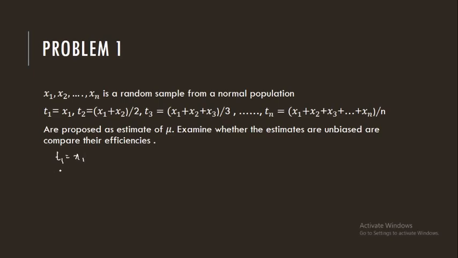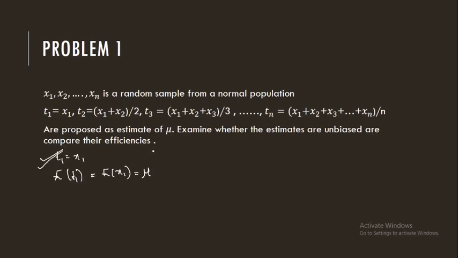To check unbiasedness, we take the expectation of T1, which is equal to the expectation of x1, which is equal to mu. So the first statistic is an unbiased estimator of mu.